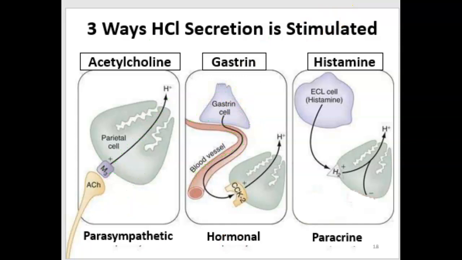And once it reaches the stomach, it can bind to a specific receptor on a parietal cell, which causes the same thing that the acetylcholine did. And that is secretion of hydrochloric acid by the parietal cell. So that's hormonal control of hydrochloric acid secretion.